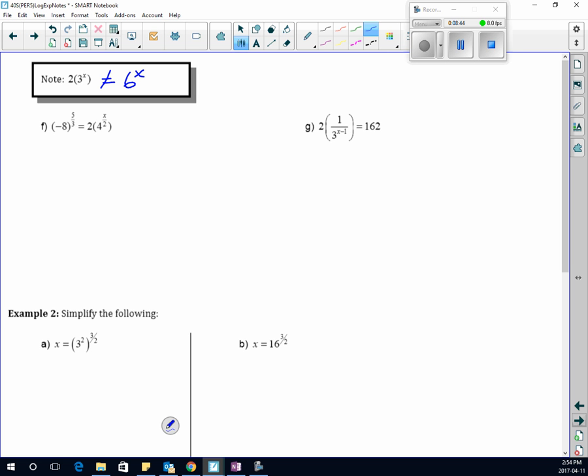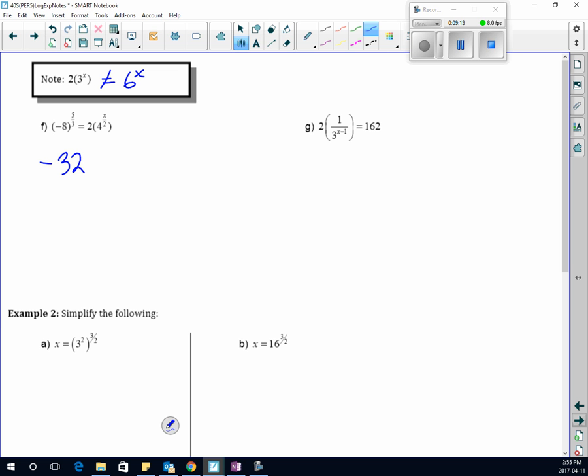Does anybody know what the negative 8 to the power 5/3 is? Okay, you could do that if you wanted, or you can write it as a 2. So what do you want to do? Do you want to actually evaluate it? So what's the cube root of negative 8? Negative 2. What's negative 2 to the power 5?